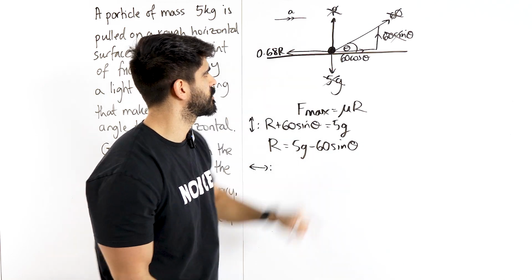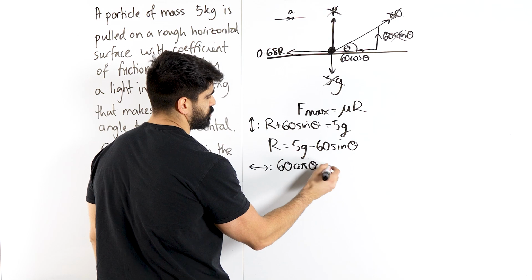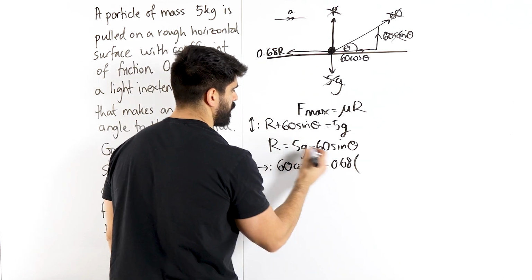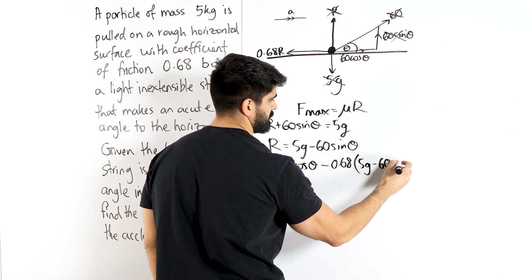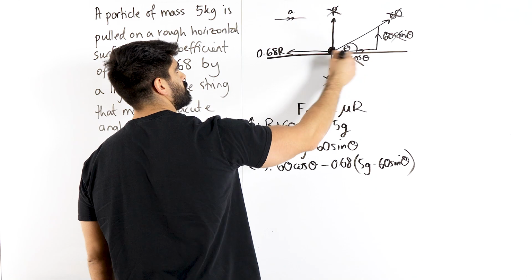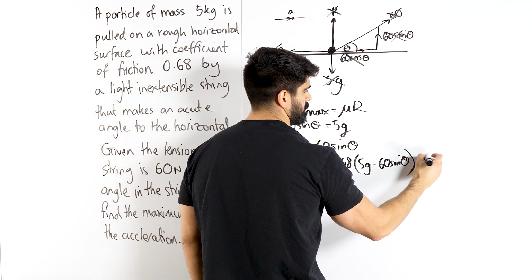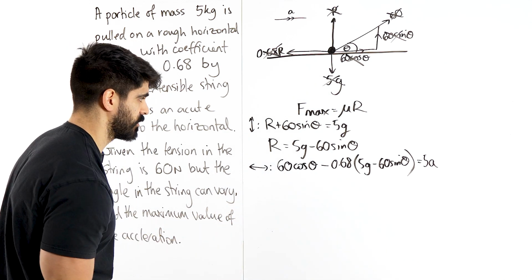So we're doing 60 cos theta, subtract 0.68 r, where r is 5g minus 60 sine theta. Okay, the positive force minus the negative force is the mass, 5, times the acceleration. And we're somehow having to maximize all of this.